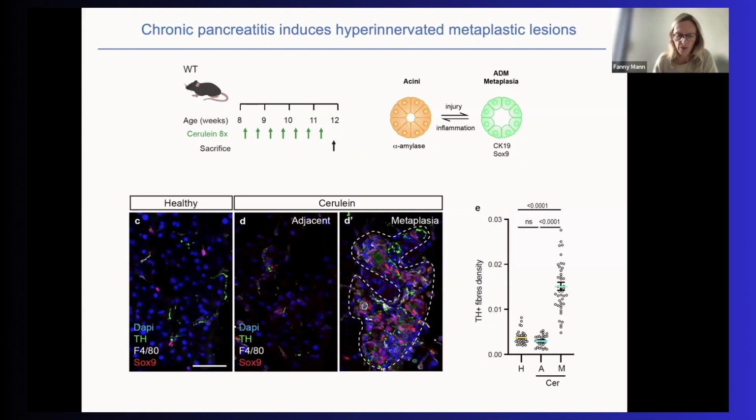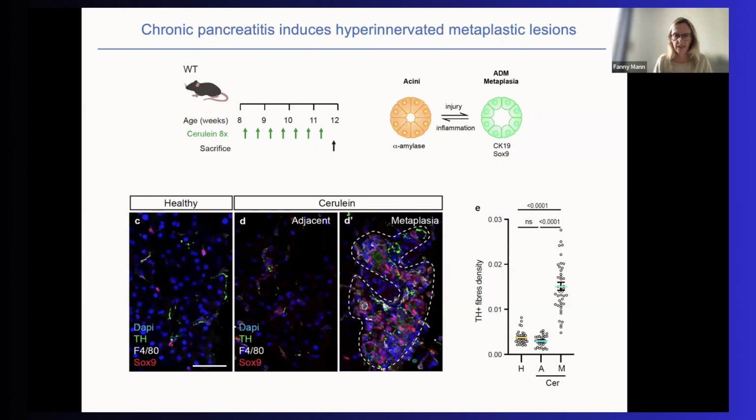So this allows us to observe the very initial events in the induction of the sprouting of sympathetic axons. And the advantage of this model is also that, since it's not a genetic model, it can be integrated with genetic inactivation models, and this allows mechanistic questions to be addressed more easily.